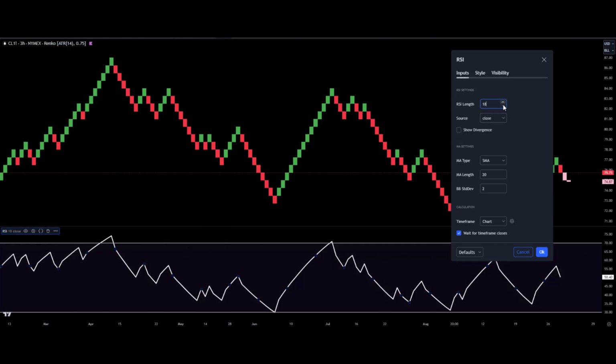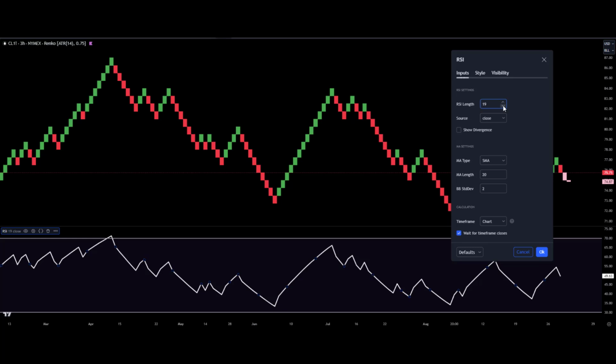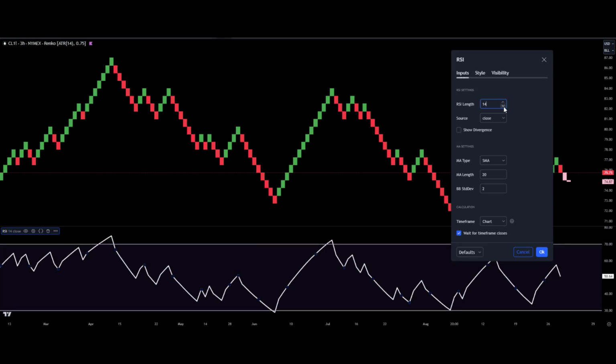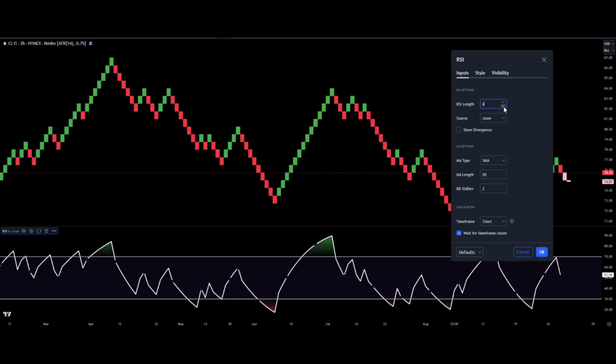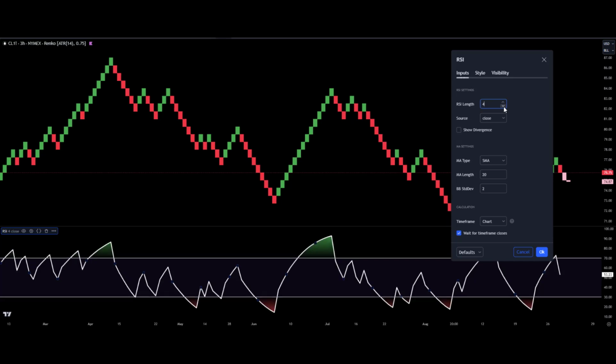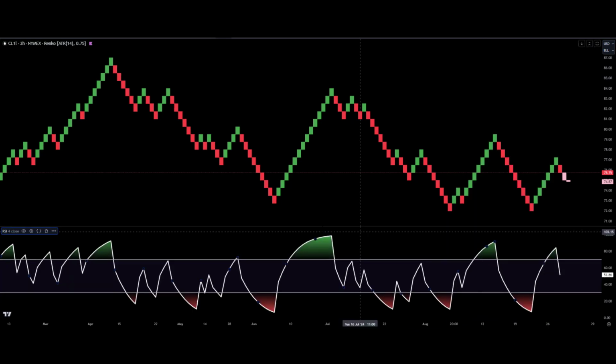What I have noticed is the higher the number you go, the less you get into the 70 and 30 zone. So I like to use a faster one, normally between 7 and 4, when I'm coming up with my strategies. But anyway, let's get back to the trend line.